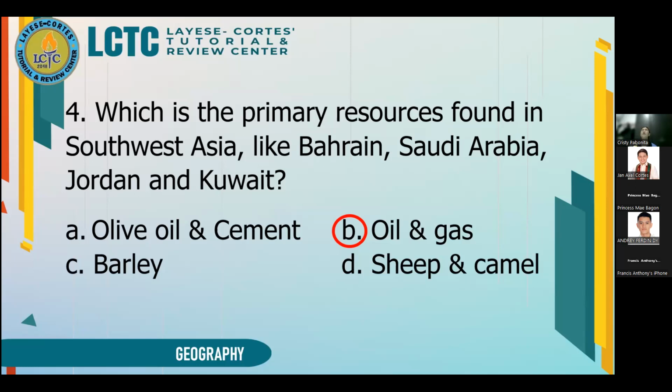They are among the big suppliers of oil and gas in the world. So if they have problems in terms of terrorism, it has a big effect on the supply of gas throughout the world. As I have said, they are one of the biggest suppliers of oil and gas in the world. Okay, so oil and gas. Next question.